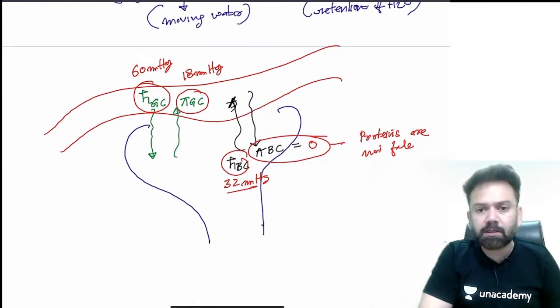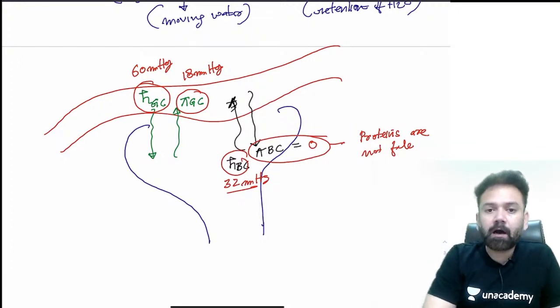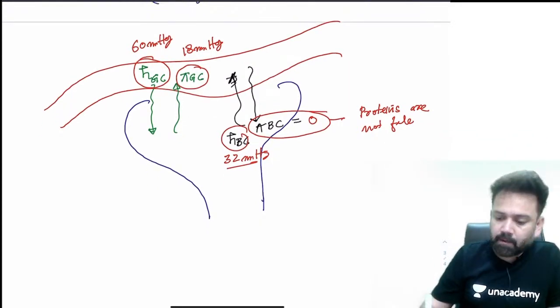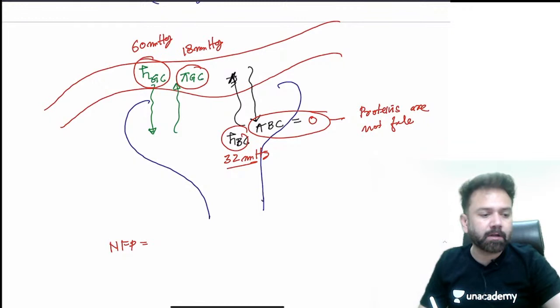This is a very simple calculation if you know two things. One is that hydrostatic pressure is moving the water and oncotic pressure is retaining the water. So if you see over here about the net filtration pressure, automatically you will get a formula. What is that formula?